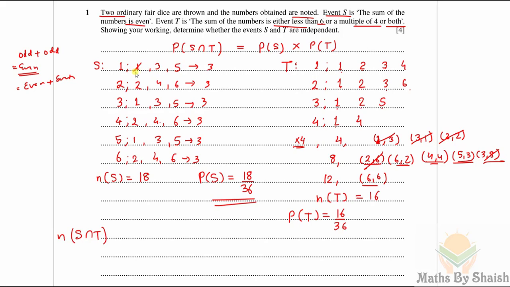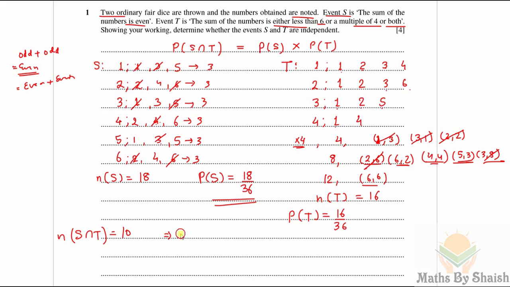I cut it so that I can count at the end. 1 3 is common, 1 5 is not there, 2 2 is common, 2 4 is not there, 2 6 is common, 3 1 is common, 3 3 is not there, 3 5 is there, 4 2 is not there, 4 4 is there, 5 1 is not there, 5 3 is there, 6 2 is there, 6 6 is there. So there are 1, 2, 3, 4, 5, 6, 7, 8, 9, 10. So there are 10 elements in S intersection T.